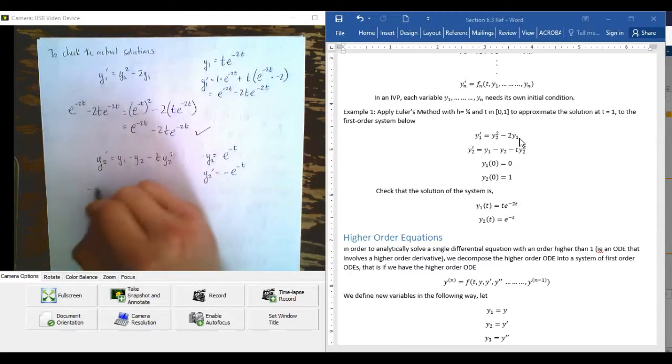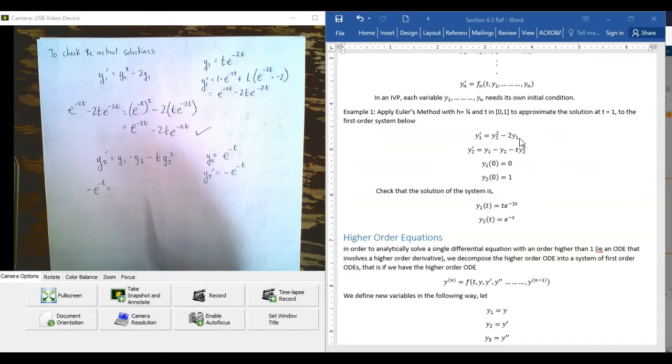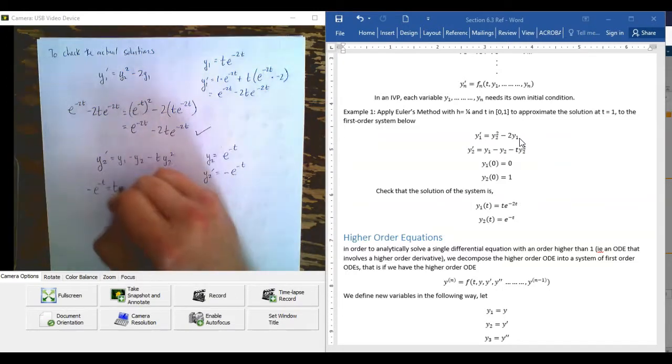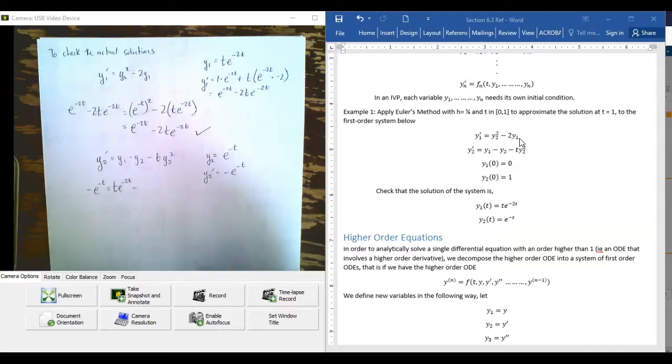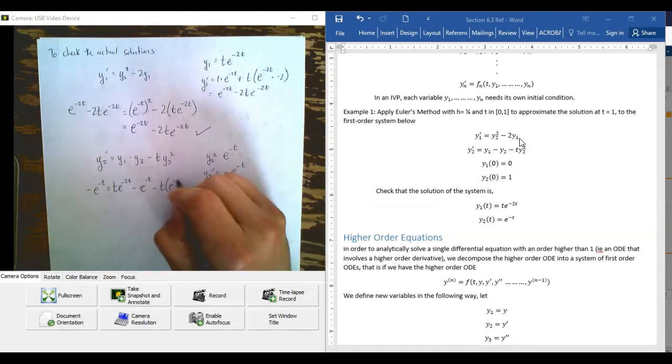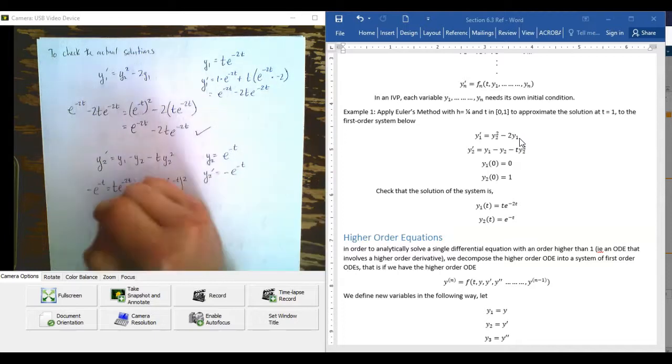So let's check negative e to the negative t equals y1, which is te to the negative 2t, minus y2, e to the negative t, minus t times e to the negative t squared.